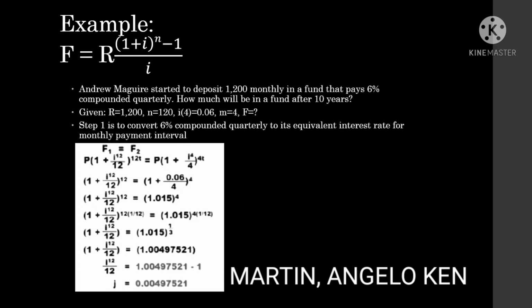Our step one is to convert 6% compounded quarterly to its equivalent interest rate for the monthly payment interval, like this.